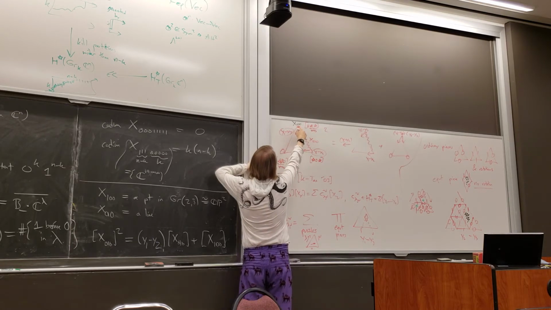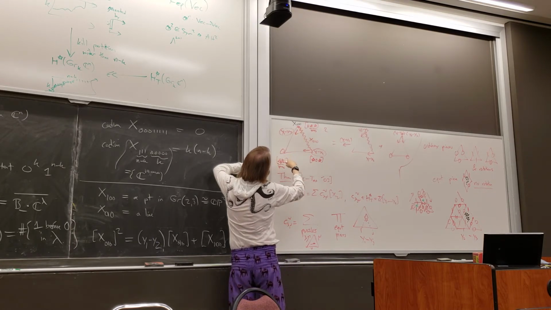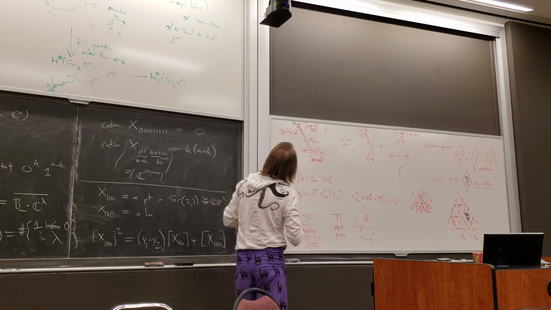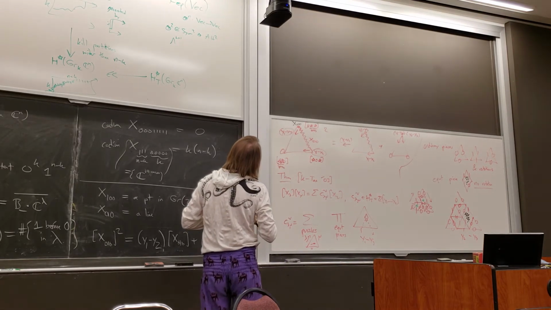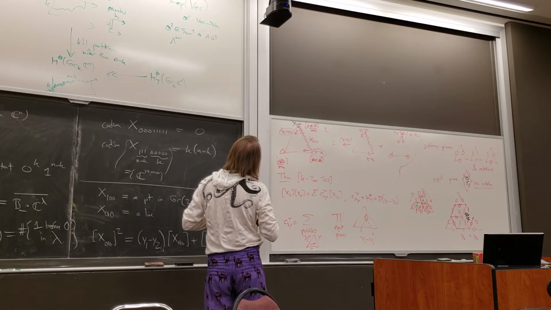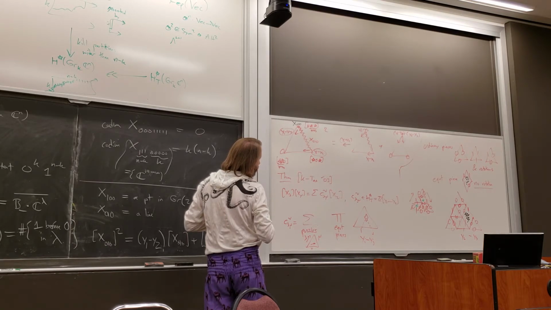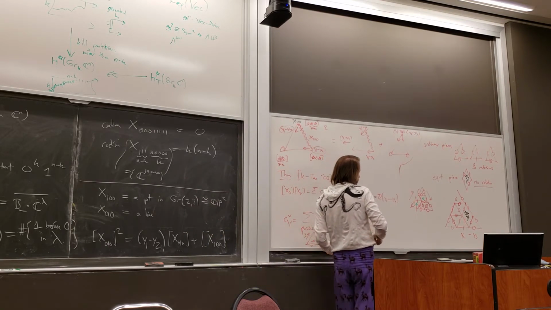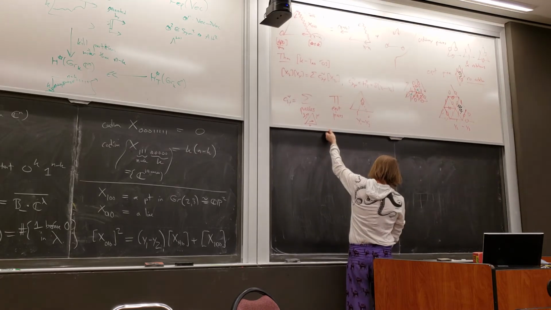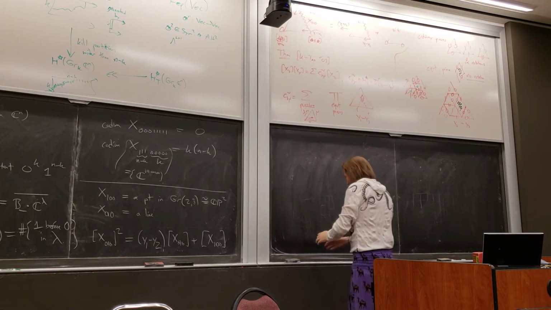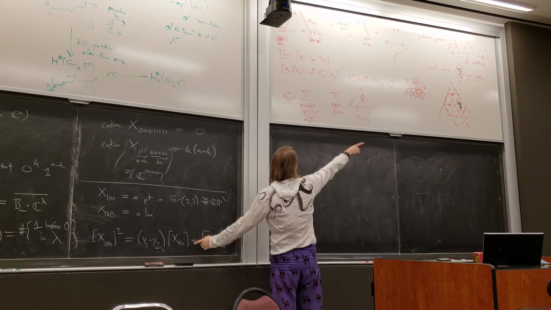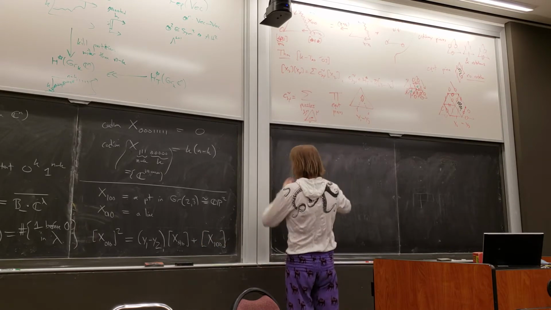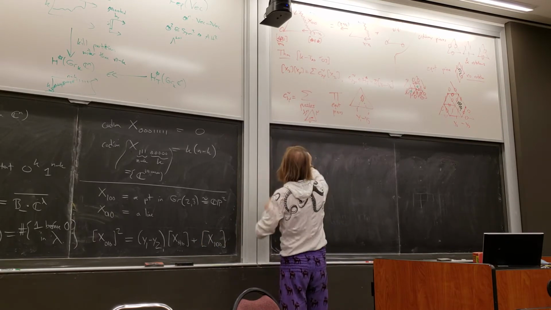So I'm going now from this direction to that direction. It's still y1 minus y3. I'll fix this one up next time. So this and this, you should believe. I'll fix that up for next time.